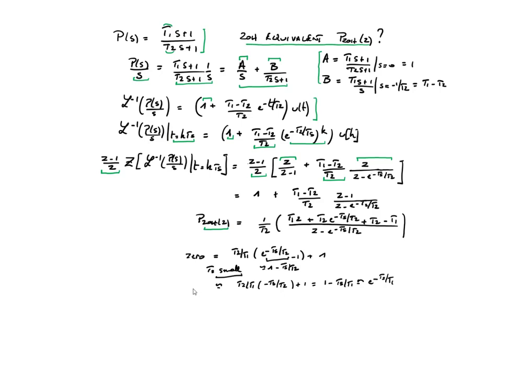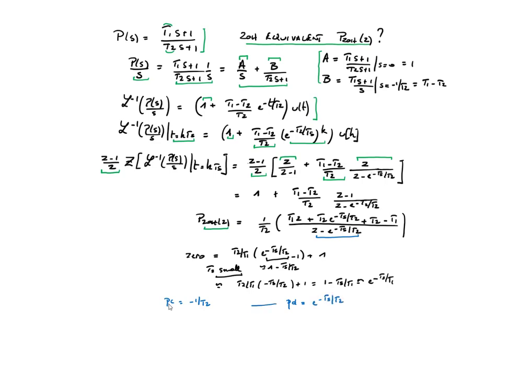So if we have a look at the poles in continuous time for this description and for the ZOH equivalent, we arrive at the continuous time pole equal to minus 1 over T2, and as you can observe over here, the discrete time pole is equal to exponential of minus TS over T2.